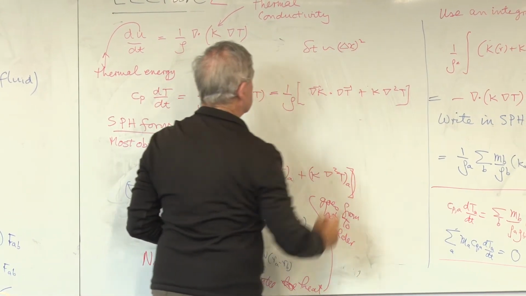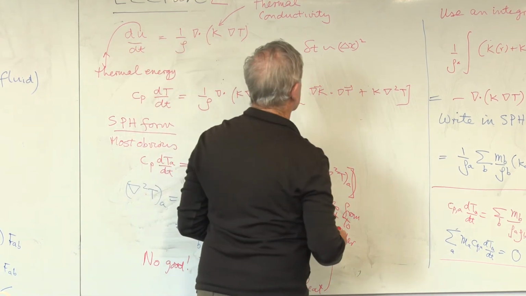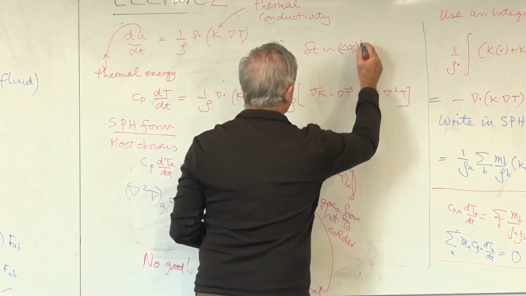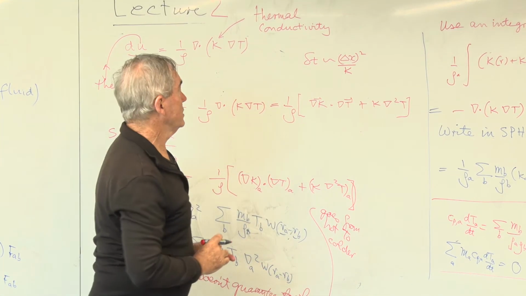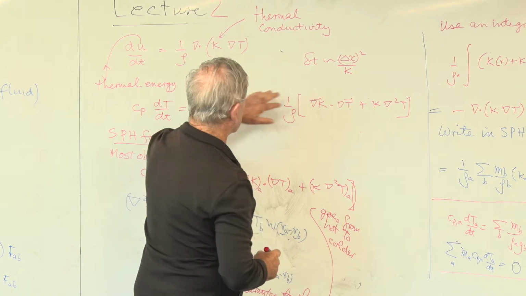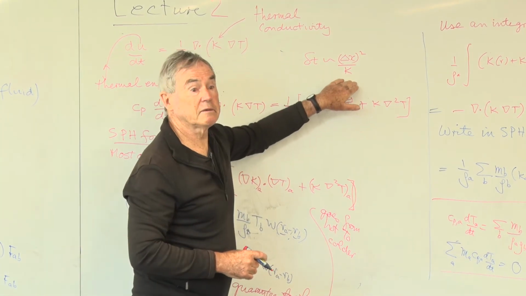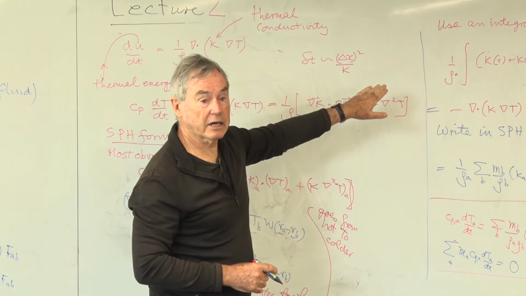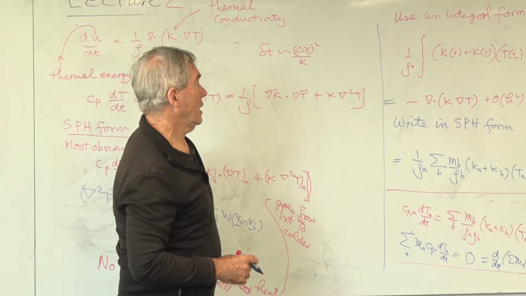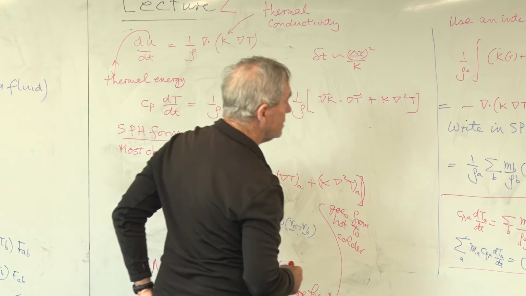If it's a grid, this is the spacing of the grid. If it's SPH, it's the particle separation, more or less, over some kappa. So as you make either delta x much smaller or kappa large, this becomes a very small time step. It may control the time step of your entire calculation. And you have to also find some way of getting around that.